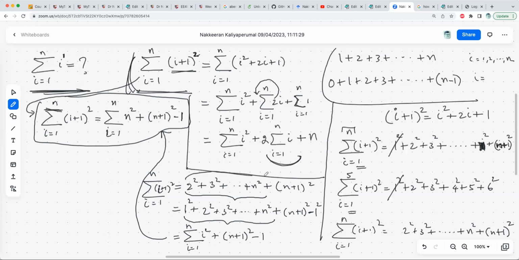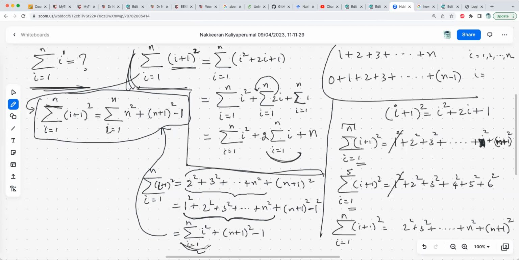Looking very carefully, it is missing the 1 squared in the front and has the extra term of (n plus 1) whole squared at the very end, because when we carefully add 1 squared and subtract 1 squared, we can write it as a term which we are going to handle carefully.